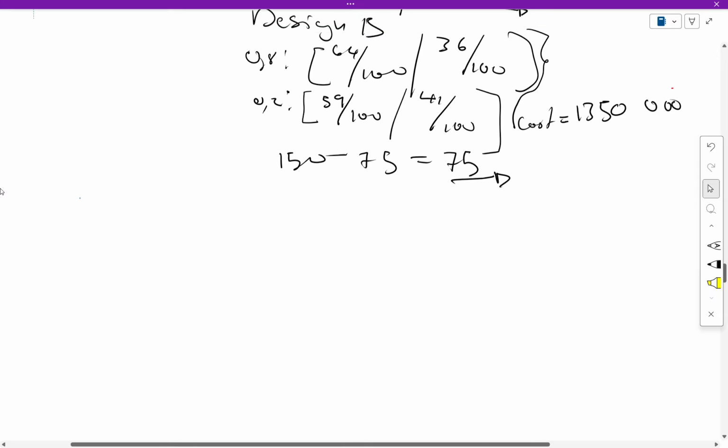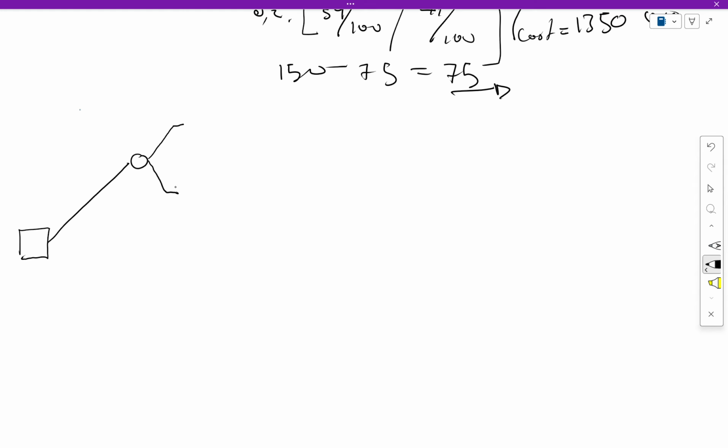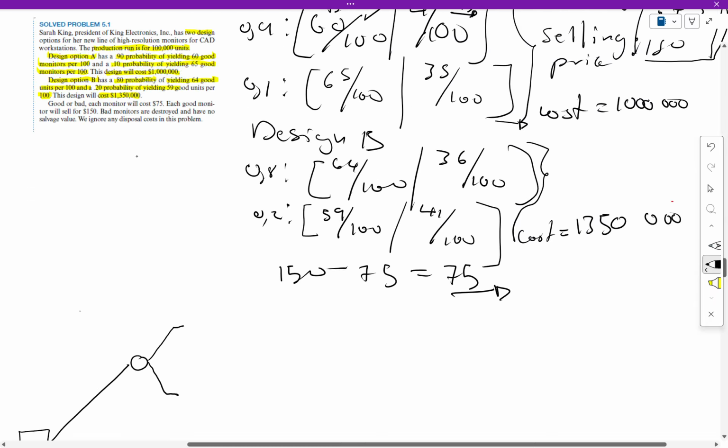Then we need to draw the tree. Option A, option B. Now we have, they are both good products. None of them is bad. They're both good products.